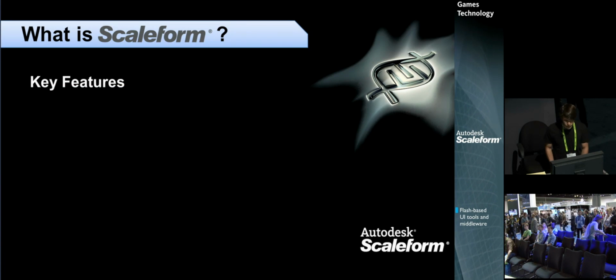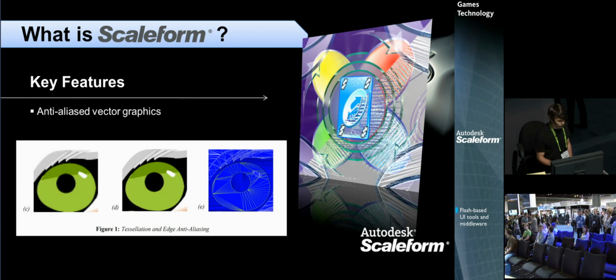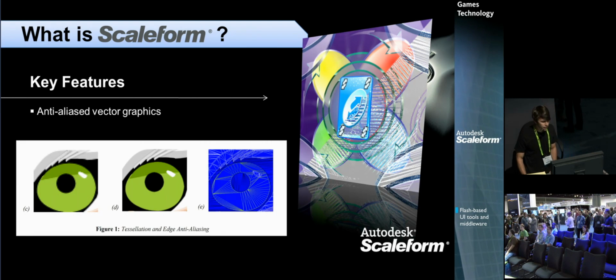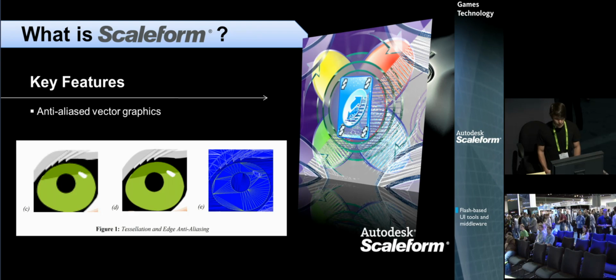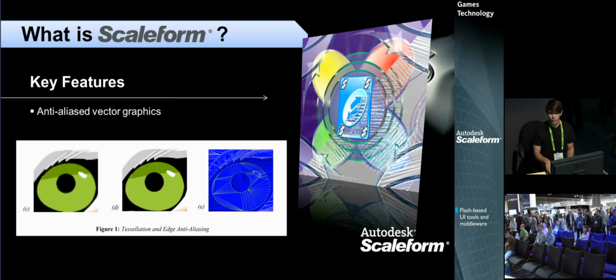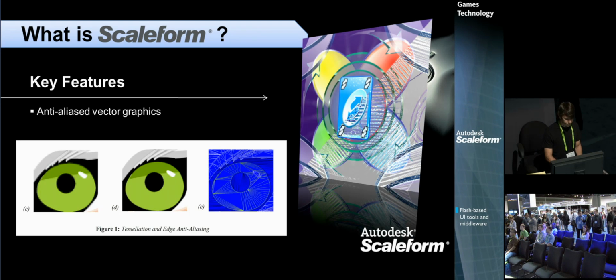So a few key features of Scaleform for those of you unfamiliar with the technology. Scaleform allows developers to use high-quality, animated, anti-alias vector graphics, as well as bitmap images to create their UIs. This gives developers and artists a lot of freedom and flexibility in how they choose to create the content.